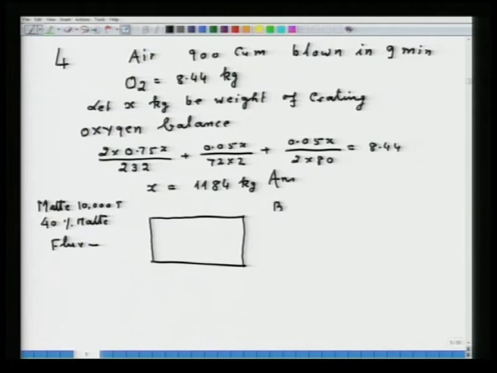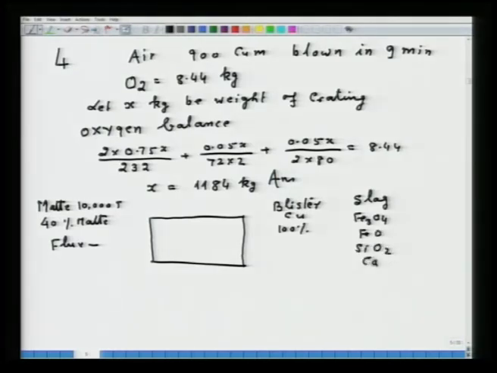It is said that blister copper is produced, which is 100% copper, and the slag composition is given and it contains Fe3O4, FeO, SiO2, CaO. All the compositions are given. So, we have to find out the weight of slag and the weight of flux.